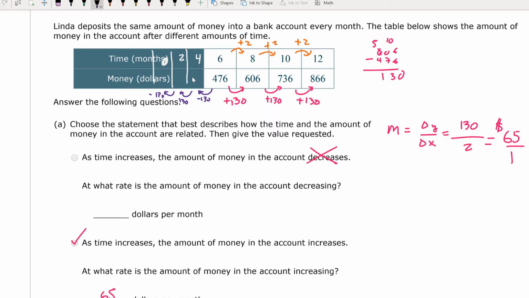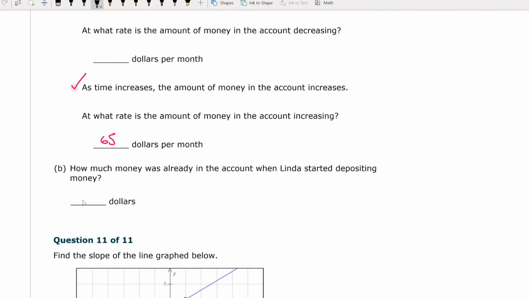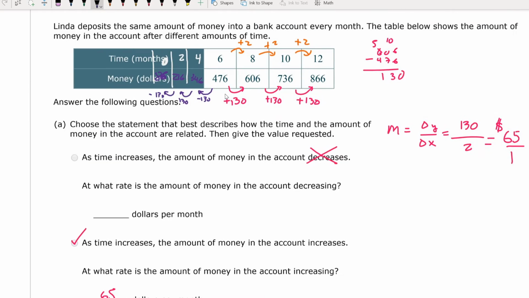That will give you 346 here. Then decreasing by 130 again gives 216, and decreasing by 130 again, 86. It was 86 from the beginning. Okay, 86. I know this is weird. We have to go backward to find out the 0 month.